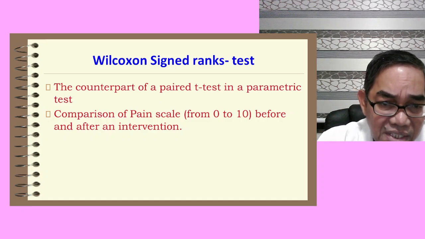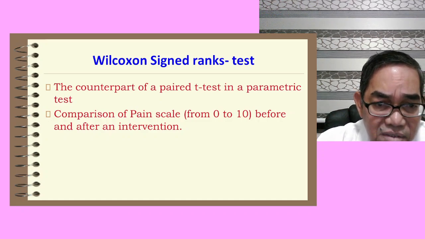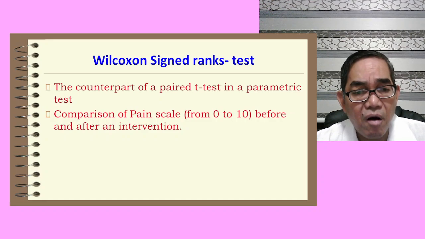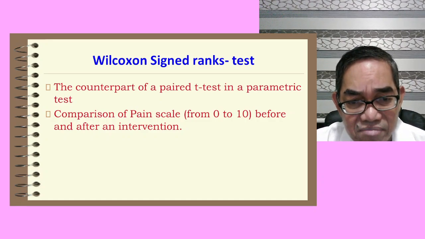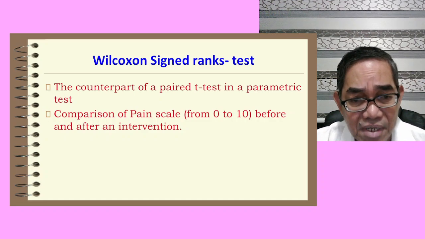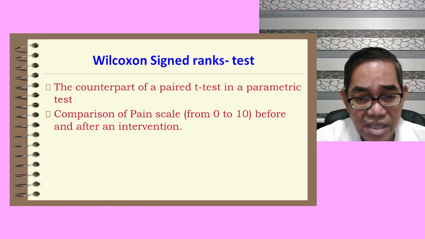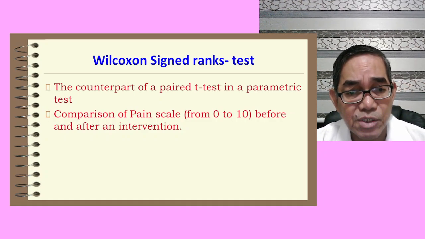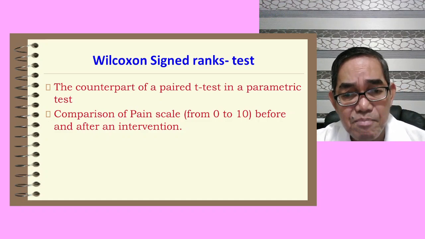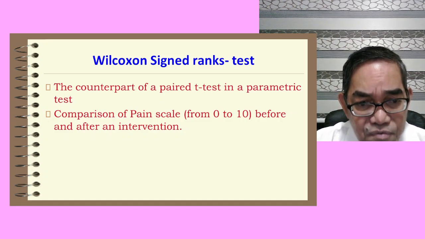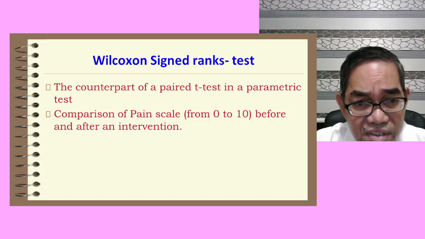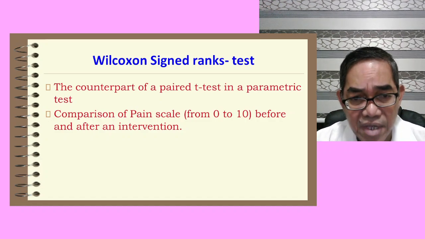For non-parametric, it is the Wilcoxon signed ranks test. So we now talk of comparison of pain scale before and after an intervention. You are talking of the same sets of participants, measured twice, so you use the Wilcoxon signed ranks test.